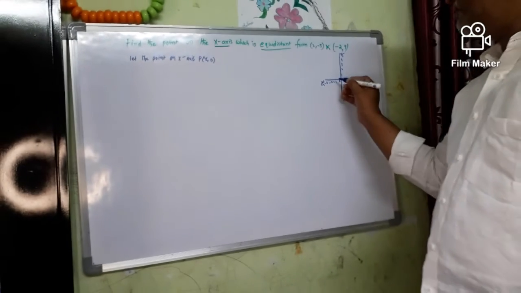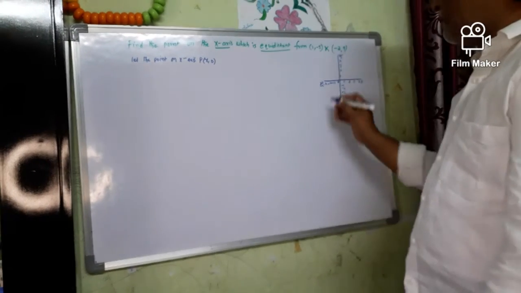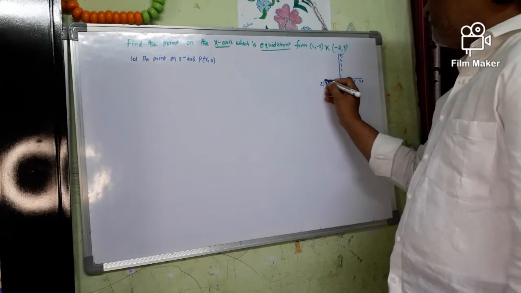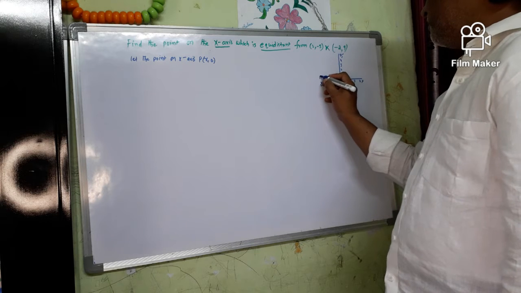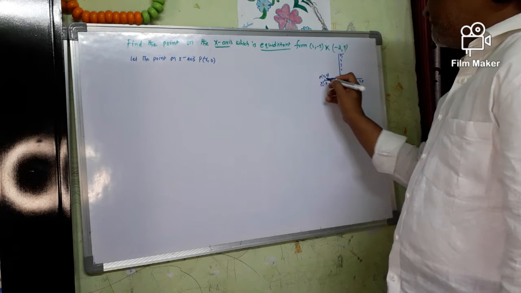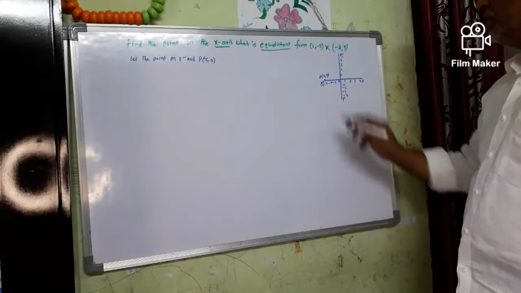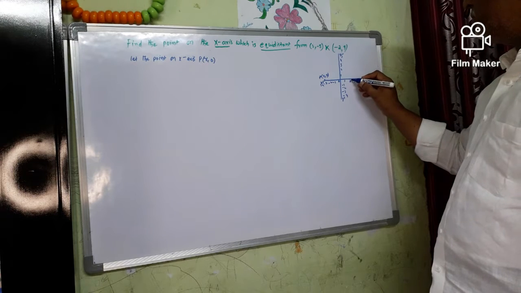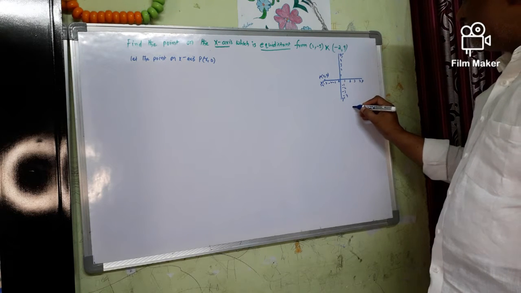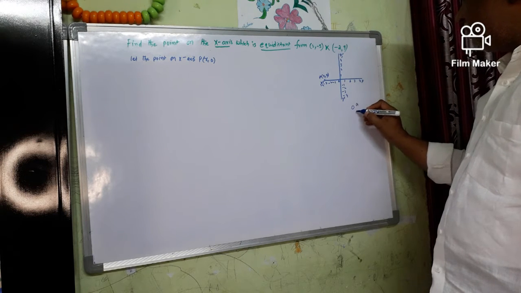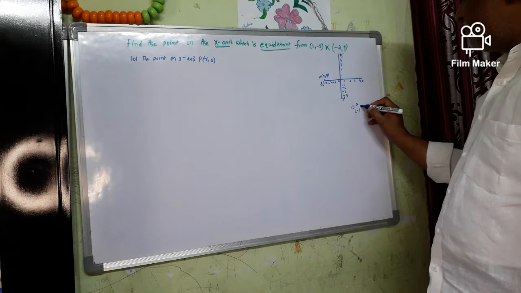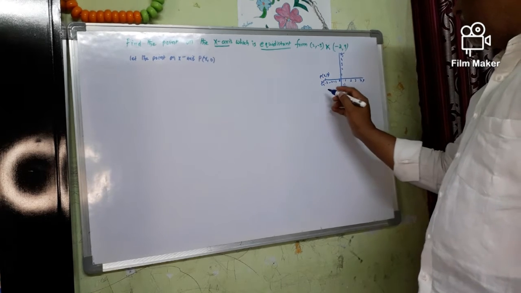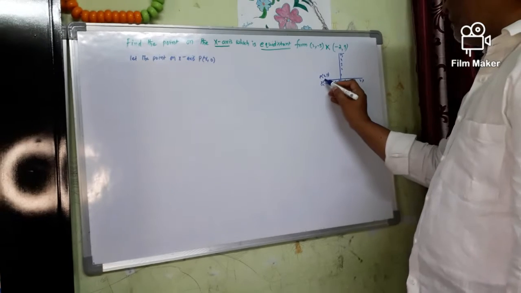Suppose we locate the point (x, 0) on the x-axis here, P (x, 0). The other two points: (2, -5), this is A. Join P and A.